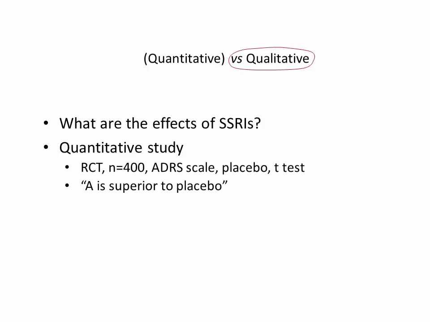So you could tell me, if you do a quantitative study, you will do a randomized control trial, you will use the adolescent depressive rating scale, you will compare your medication to a placebo, you will use a t-test, and you will answer the question, A is superior to placebo. But it does not give you the answer to the question, what is the effect of SSRI?